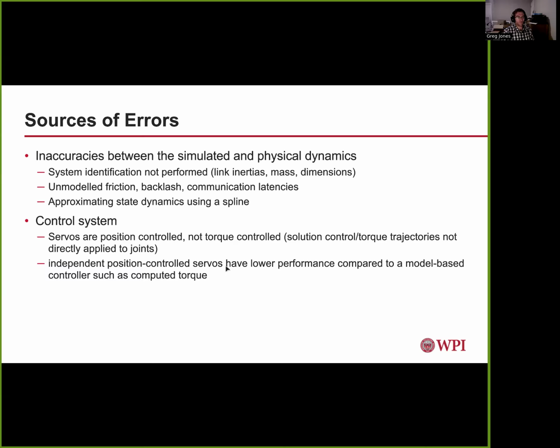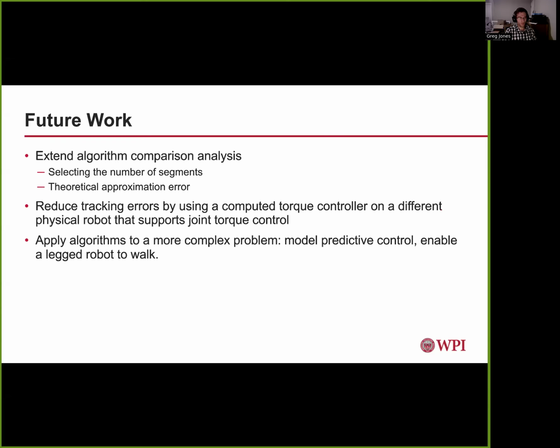And using independent position controlled servos instead of something like a model-based controller like computed torque means low performance. Computed torque would definitely improve the tracking.